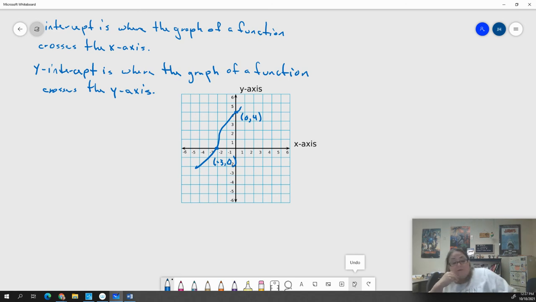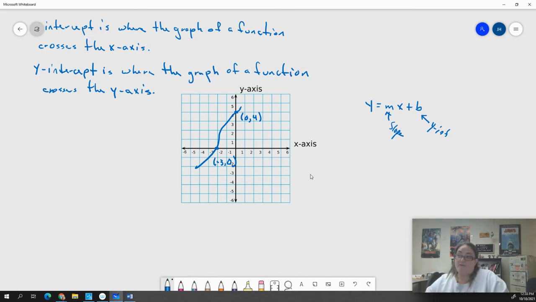If you remember, you used to do stuff where it was y equals mx plus b. And this right here would be our slope, and this right here would be our y-intercept. All it meant is that whatever number this was, we knew was a point here on the y-axis somewhere, right? And so these are our intercepts.